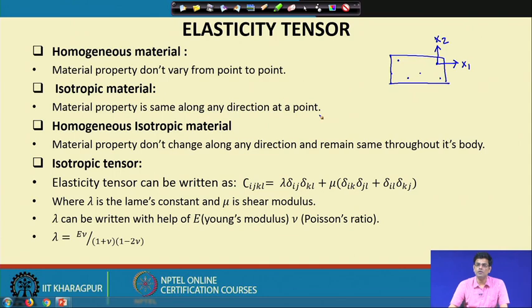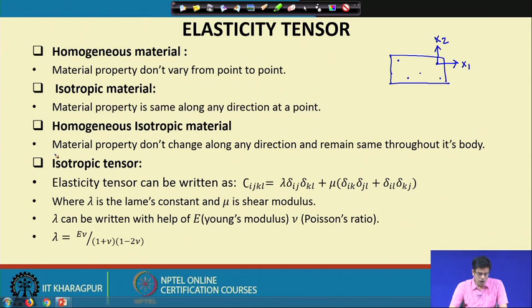Similar to Young's modulus, the Poisson's ratio has to be the same. This is a very important distinction between homogeneous and isotropic material, and it is important to distinguish between heterogeneity and anisotropy. Isotropic means the material property in all directions will be the same.